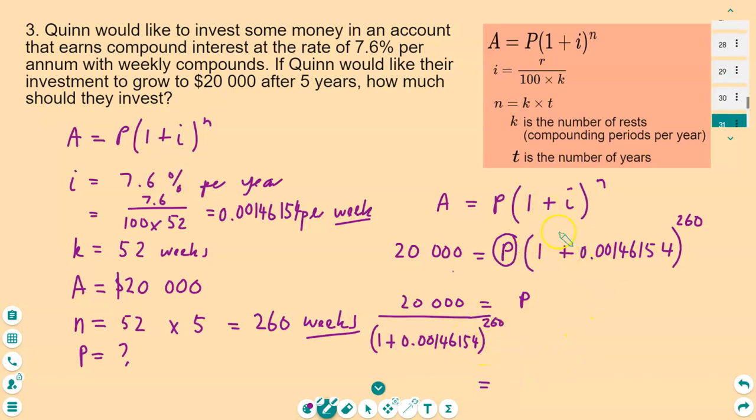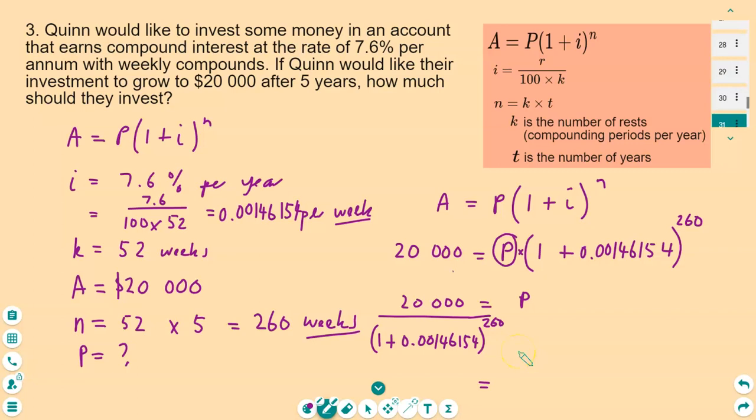That's how we rearrange, because P is being multiplied. If it's written next to the bracket, it's being multiplied by this big bracketed thing. Therefore, we divide both sides in order to cancel that big bracket exponent thing. That's all I'm doing.